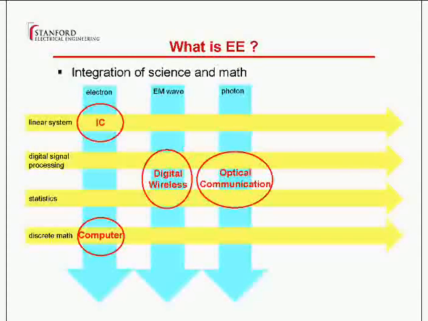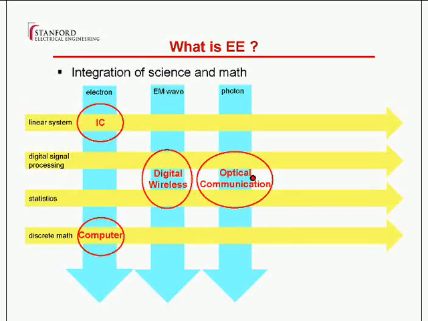You can also look across, for example, communications areas. It's been around for many, many years. But the recent boom is basically taking our knowledge of electromagnetic wave propagation and combining that with the ability to process digital signals very effectively and understanding statistically how these signals will behave, so that we come up with digital wireless technologies.